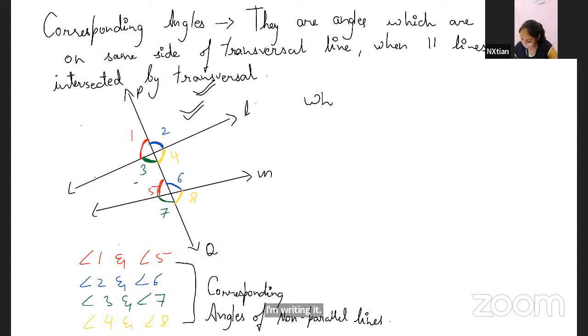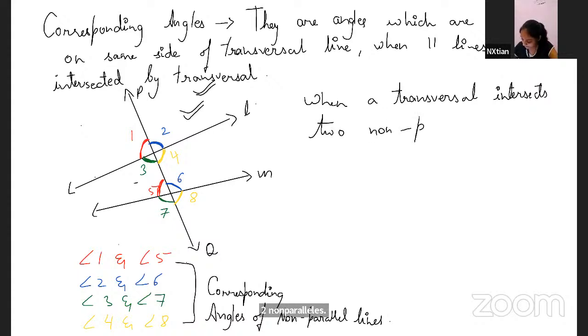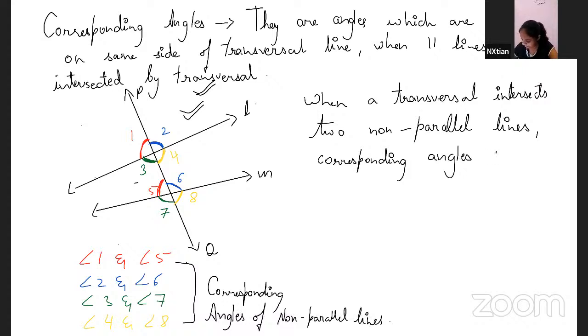A transversal intersects two non-parallel lines, corresponding angles made by them are not equal in measure.